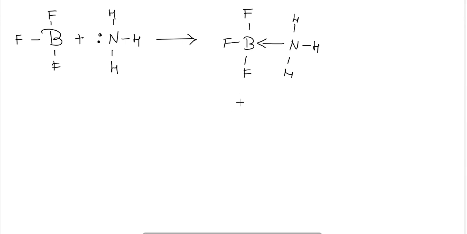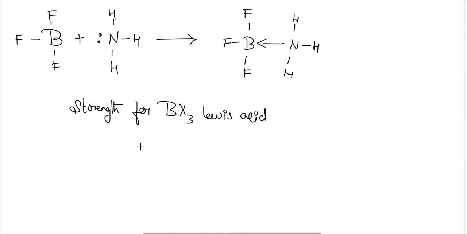The strength of boron Lewis acids is determined by the relation that BBr3 has more Lewis acid character than BCl3, and BCl3 has more acidic character than BF3. As boron has fewer electrons to complete its octet, it accepts electrons and behaves as a Lewis acid.